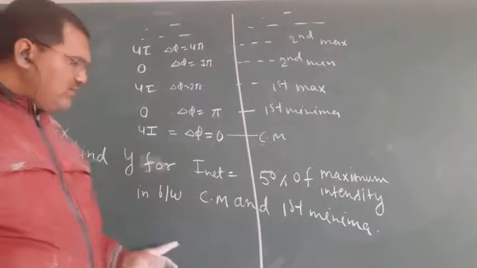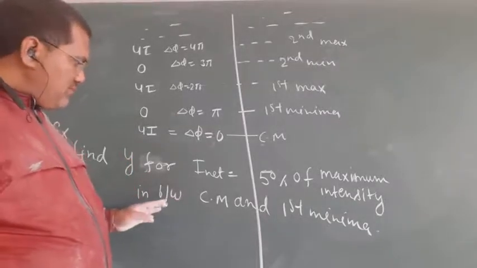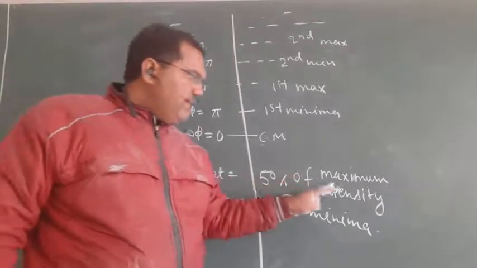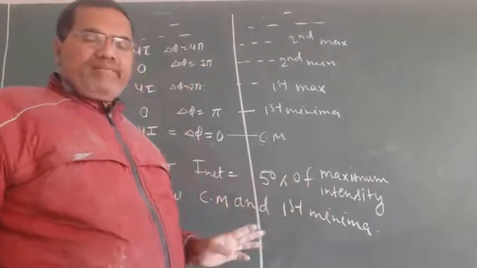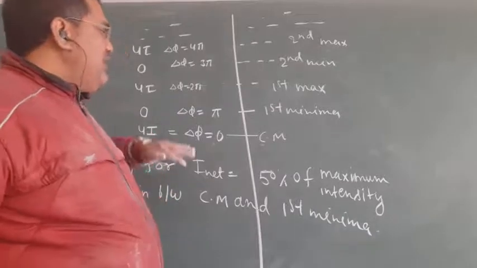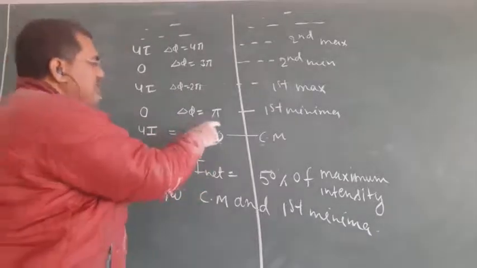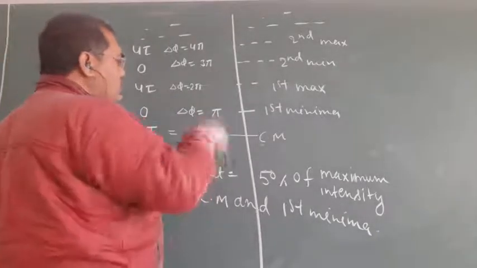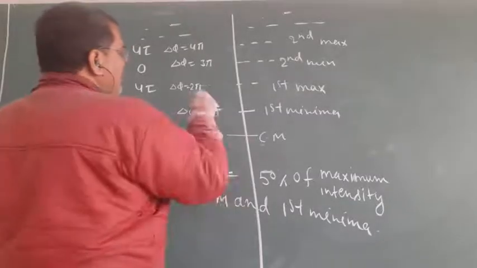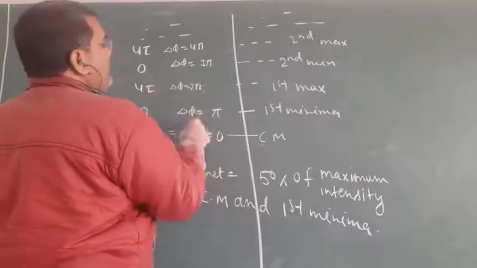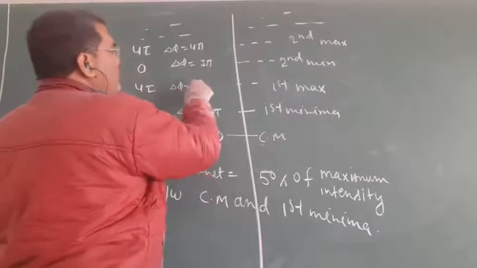As you see, 50% of maximum intensity means 2I. So we will get intensity 2I in the region 0 to pi, and also in the regions pi to 2 pi and 2 pi to 3 pi.